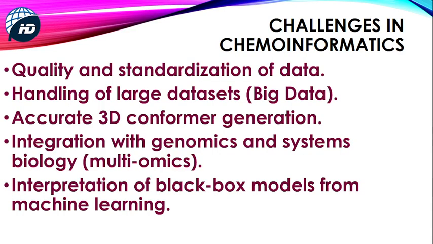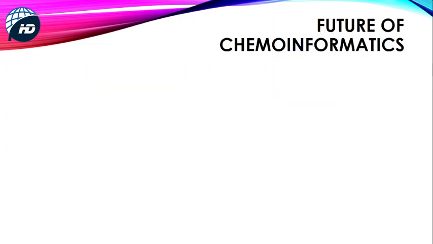You don't know the process that led to the outcome. That processing part is the black box. So we don't know what happens within. It's a very big challenge, but I think this challenge has been solved. Some of them have been solved through the future of chemoinformatics. Yes, we have a future.